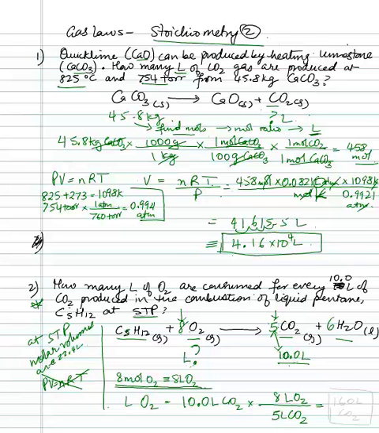Then 10 divided by 5 is 2, and then times 8 is 16 liters of oxygen. So at STP the calculations are actually quite a bit easier. Keep that ratio in mind, because that's all you need. You don't need PV equals nRT when you're working with all gases at STP.